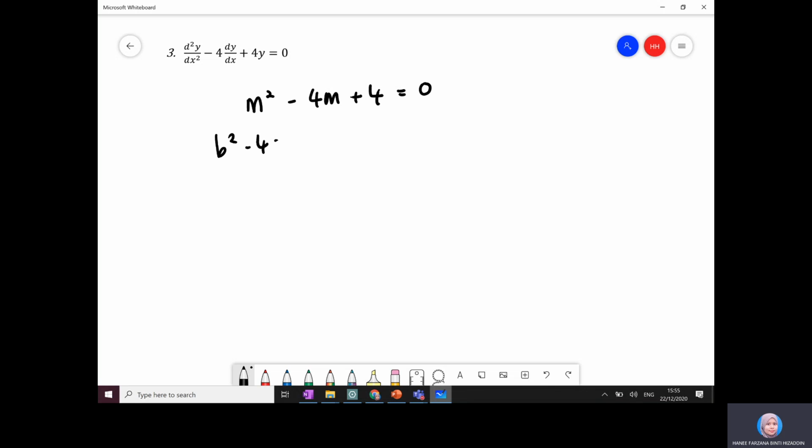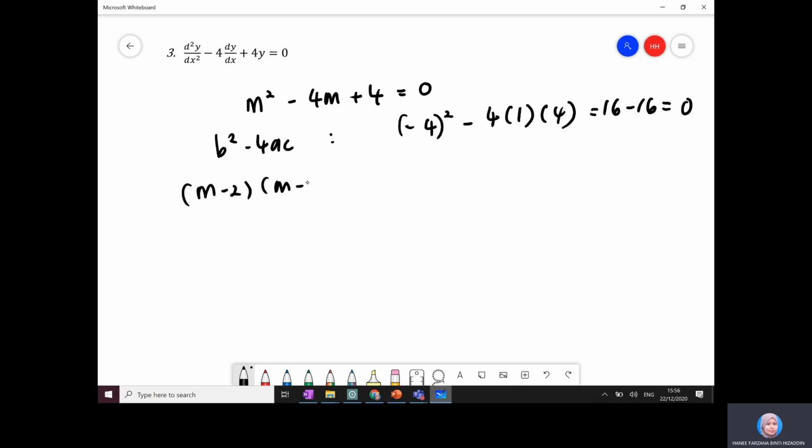Check b squared minus 4ac: negative 4 squared minus 4 times 1 times 4. So 16 minus 16 equals 0. So you have just repeated real roots. So you can do the factorization and find the roots. So m minus 2 and m minus 2 equals 0. So your m1 equals m2 equals 2.